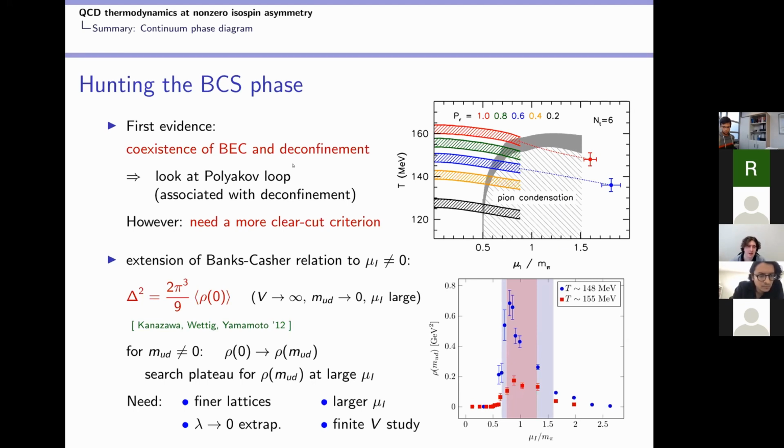So we actually look at the deconfinement phase transition and try to figure out whether that goes on into the BEC phase or not. So that's one of the typical things that one can try to do.